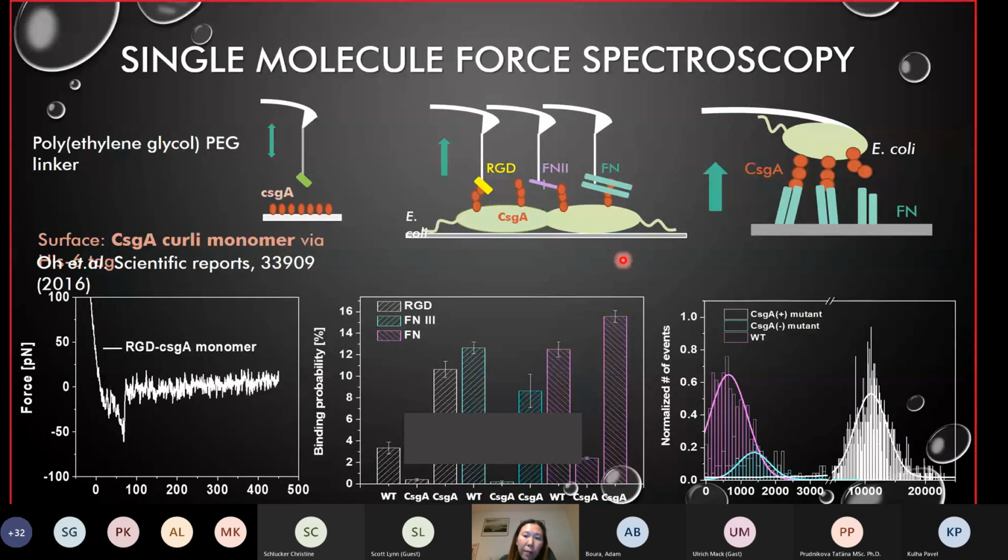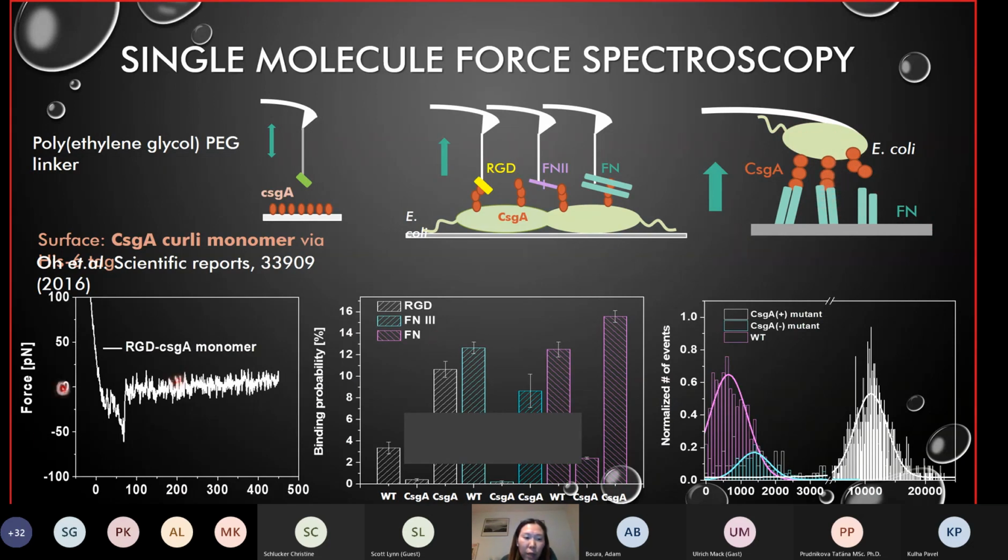And when we extend our chemistry a little bit, we can also directly attach a single bacterium to the AFM cantilever like this, and measure the single cell force interaction with the surface. In this case, we coated the surface with fibronectin and then measured how one E. coli cell interacts with it.